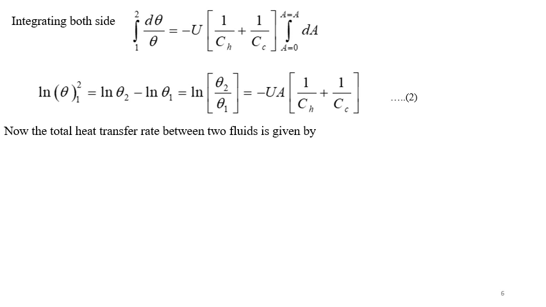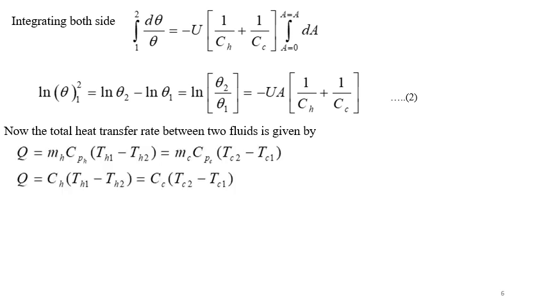So the heat transfer from the hot fluid q is equal to mh into cph into (Th1 minus Th2), isn't it? Where mh is the mass flow rate of hot fluid, cph is the specific heat of hot fluid, Th1 is the inlet temperature, and Th2 is the temperature of the hot fluid at outlet.